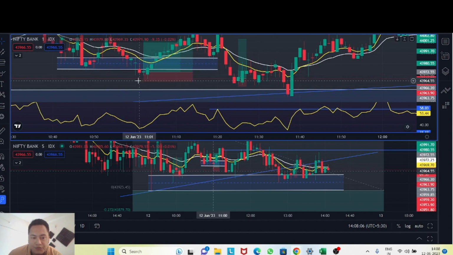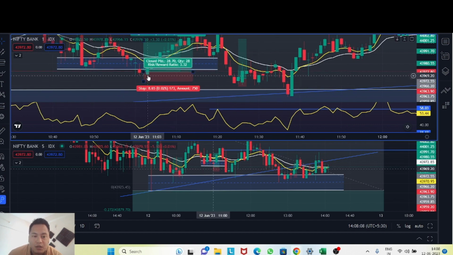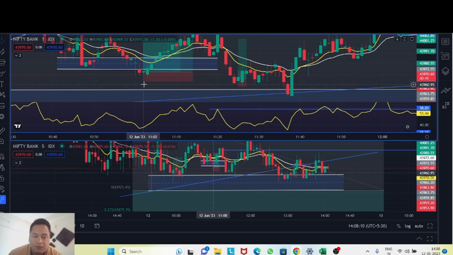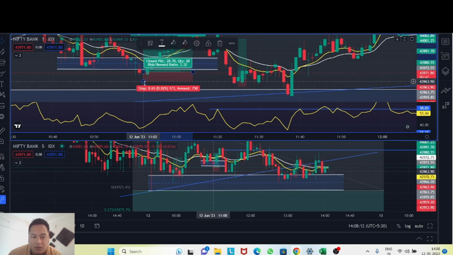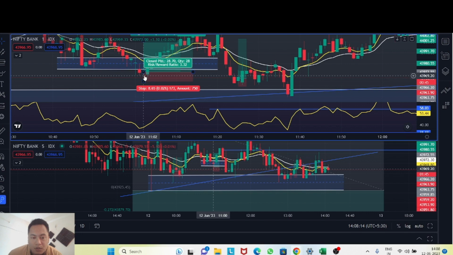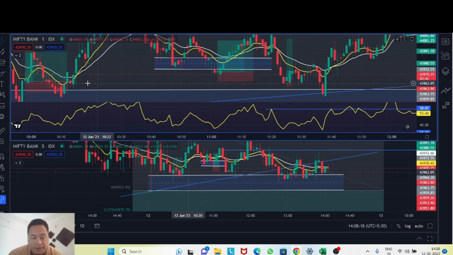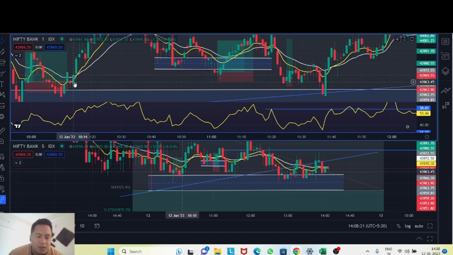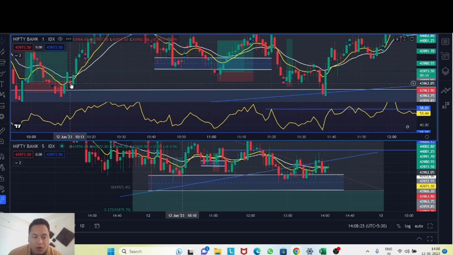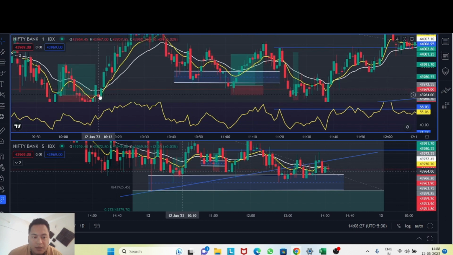After this candle was formed, I saw a green candle beautifully form, and my SL was not at the bottom of this. I'll tell you why: there was an inefficiency on the candles here.